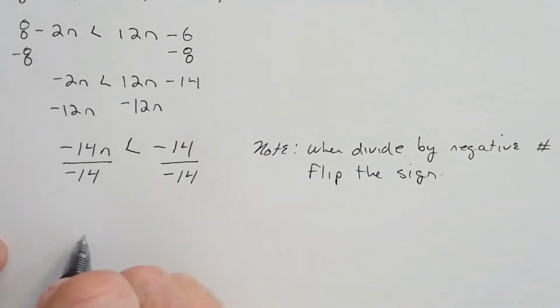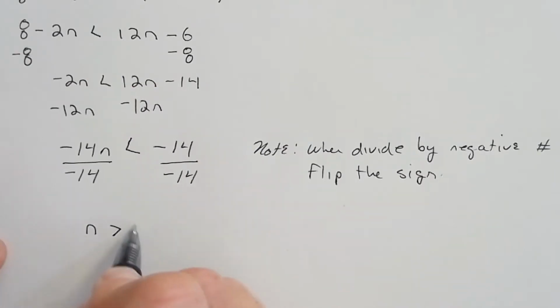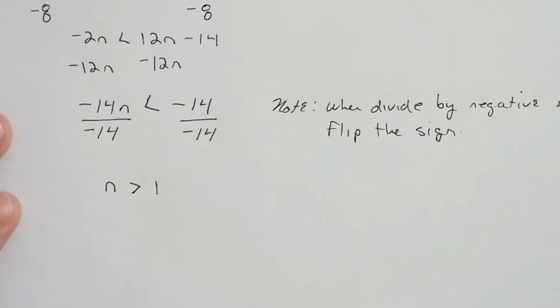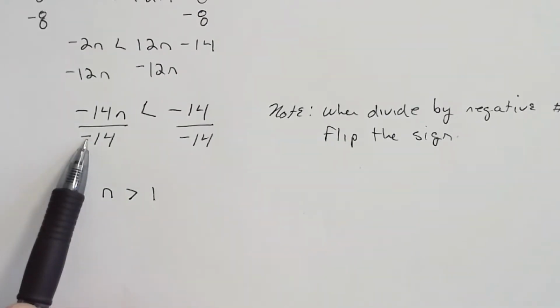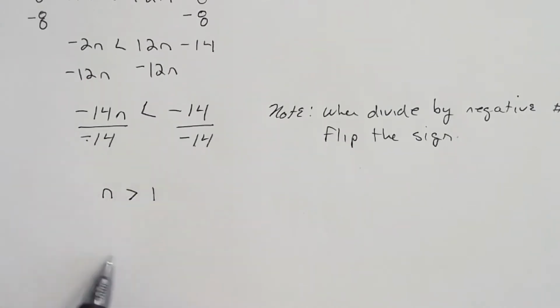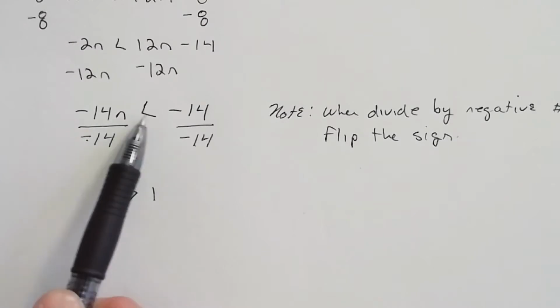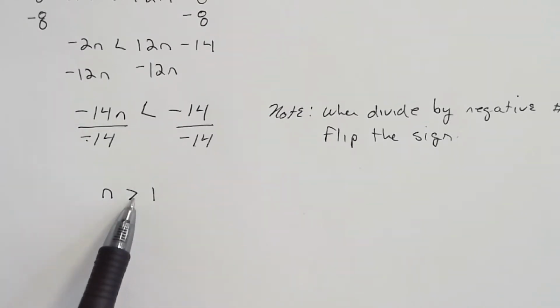So here we have n is greater than 1. Whenever we divide by a negative number, I divided by -14, you must flip the sign. So instead of less than, it becomes greater than.